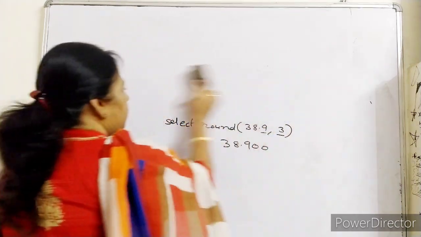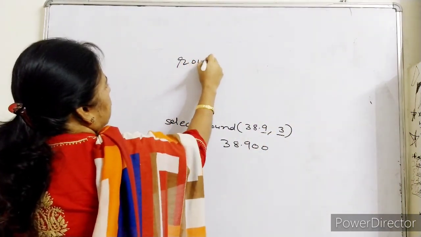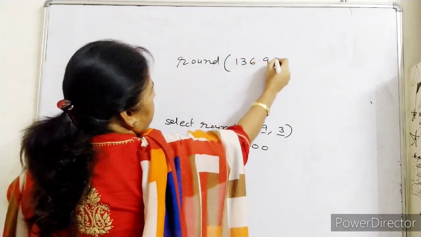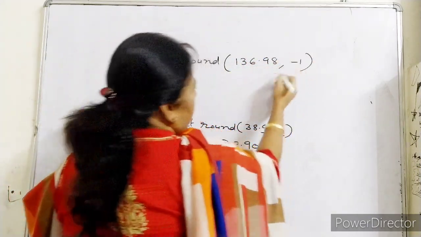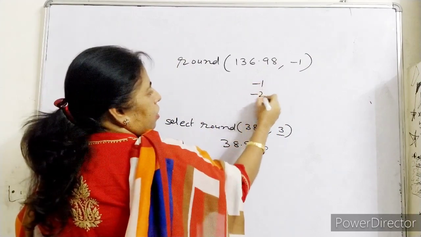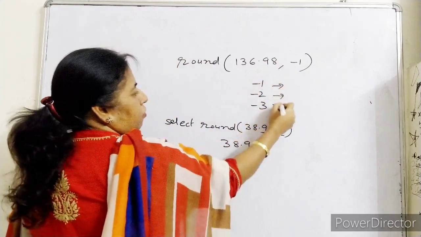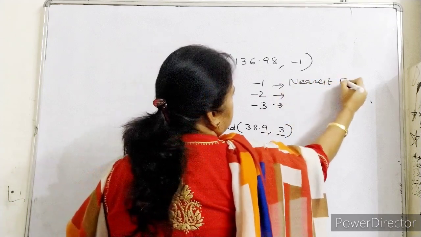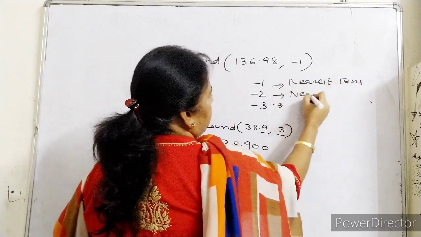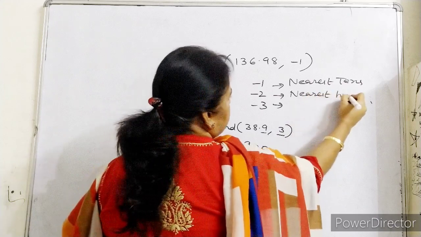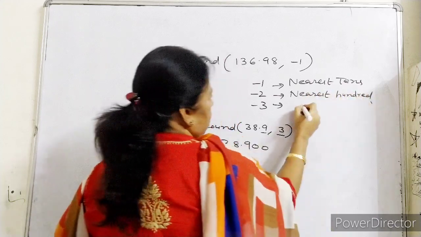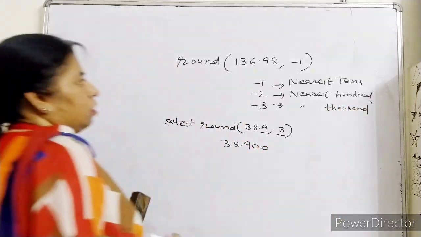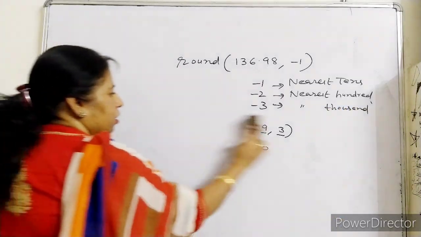Clear? Now I will discuss some more examples. round(136.98, -1). Here I am using minus. Understand the concept of negative here. -1 means nearest tens. I will round off to the nearest ten, nearest 100. For this I have to give here a negative value. Clear?